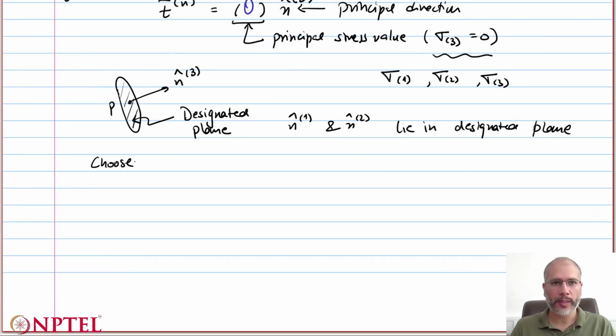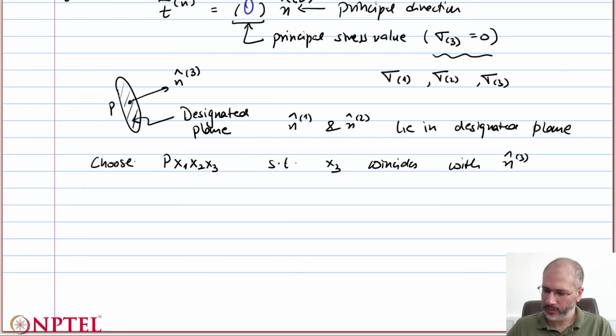For discussion today, we will choose axes x1, x2, x3 passing through P with P as the origin in such a way that the x3 direction coincides with the n3 hat direction.